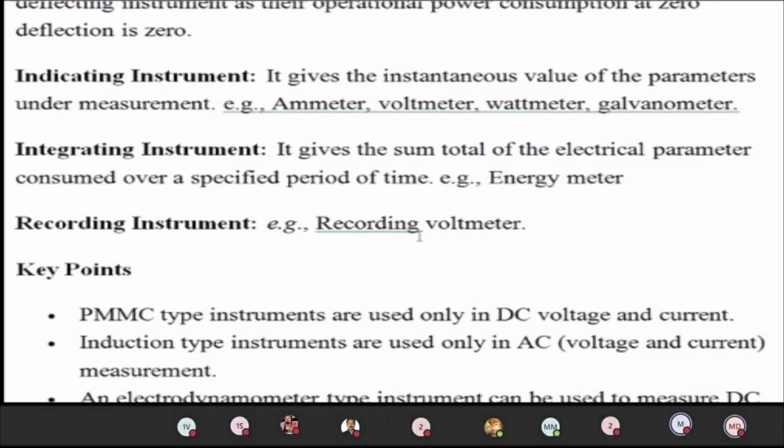Similarly, meters which directly indicate and give the instantaneous value of parameters under measurement are known as indicating instruments. And the integrating instrument gives a sum of the electrical parameter consumed over a specified period of time. So the energy meter gives us the power with respect to time. And at last we have the recording instrument, which is going to record the readings we are observing.